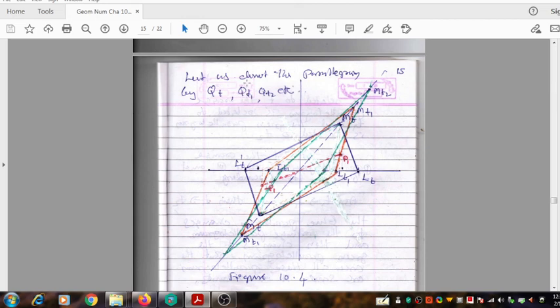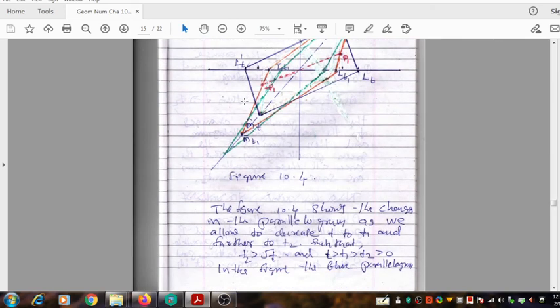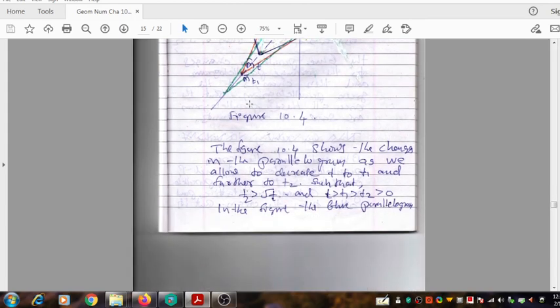Similarly, from Qt1 to Qt2, it continuously goes through different stages of change. So that is the way the parallelogram changes here.